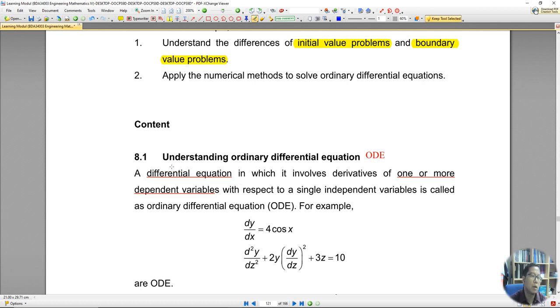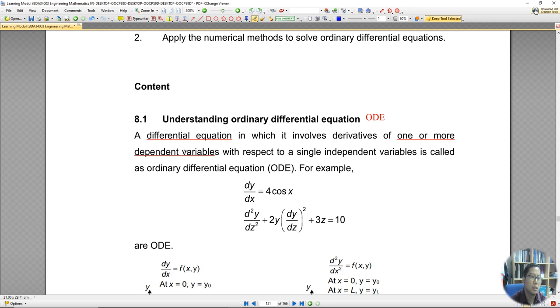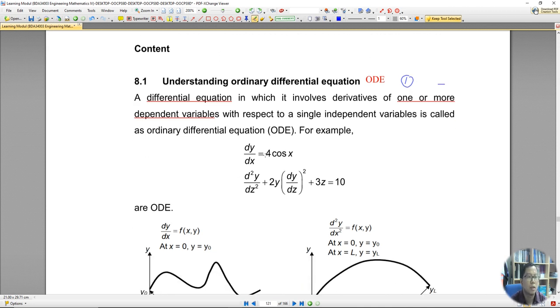Okay. 8.1 is about the understanding of ODE. An equation which involves the derivative of one or more dependent variables with respect to a single independent variable is called an ordinary differential equation.